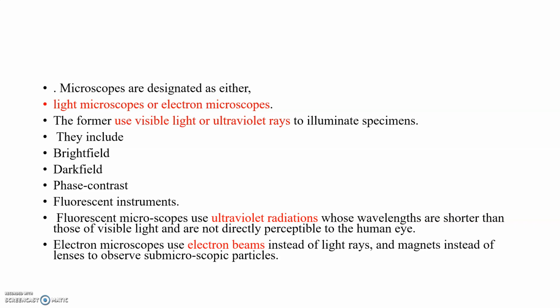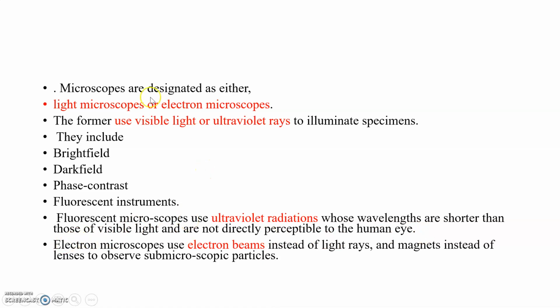They include the bright field microscope, dark field microscope, phase contrast microscope, and fluorescent instruments. These fluorescent microscopes use ultraviolet radiation, whose wavelength is shorter than that of visible light and is not directly perceptible to the human eye. So we are not directly observing it.